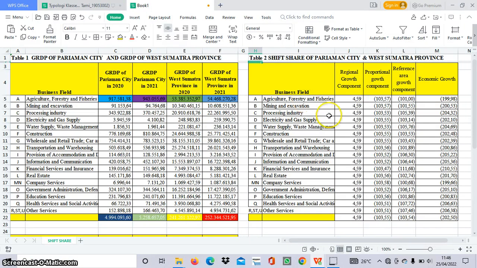After that, we calculate the shift-share, which consists of the regional growth component, proportional growth component, and the reference area growth component.